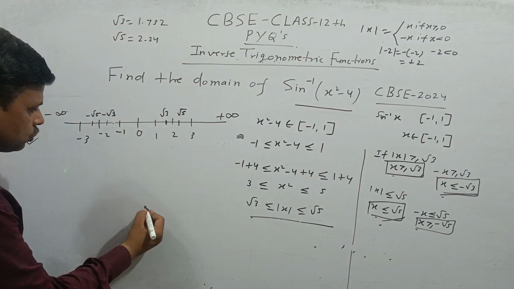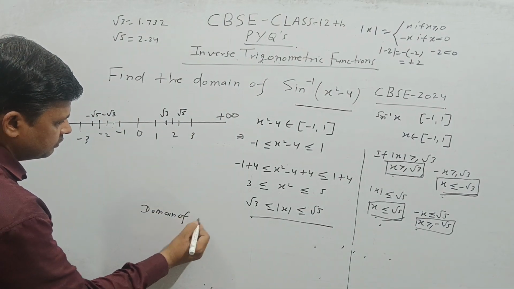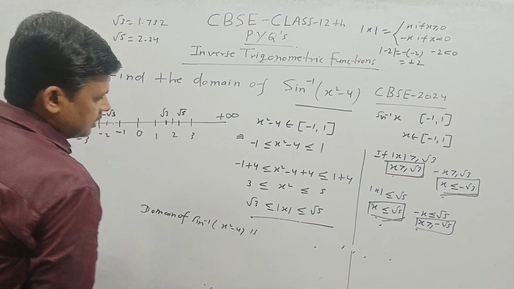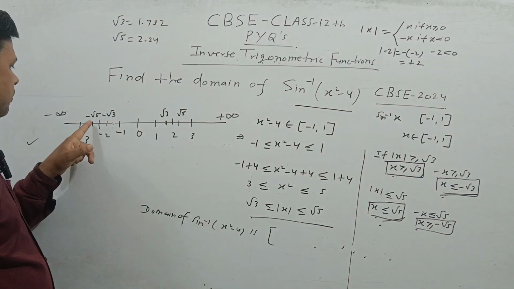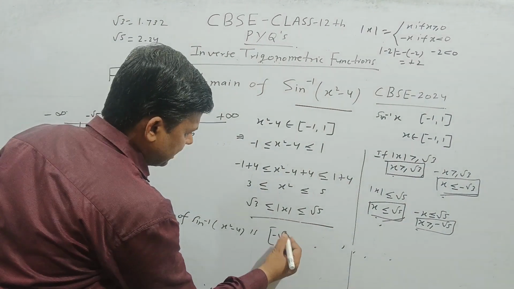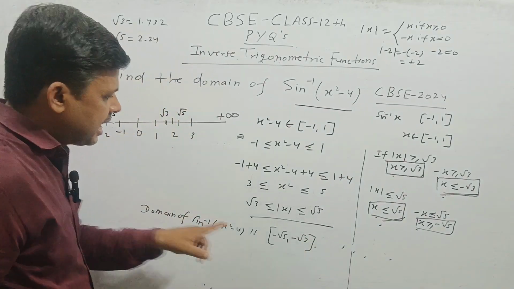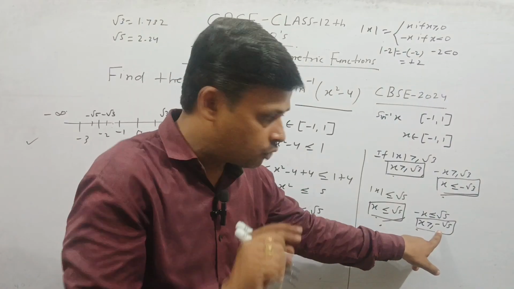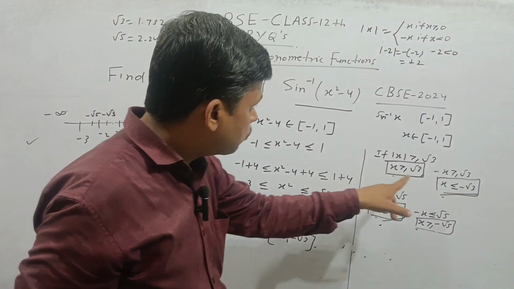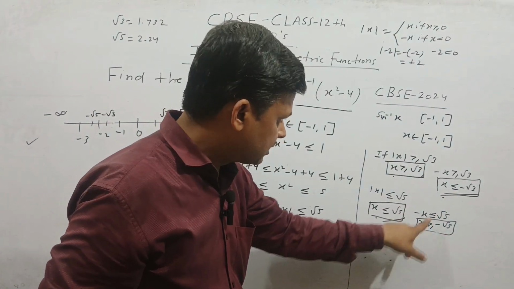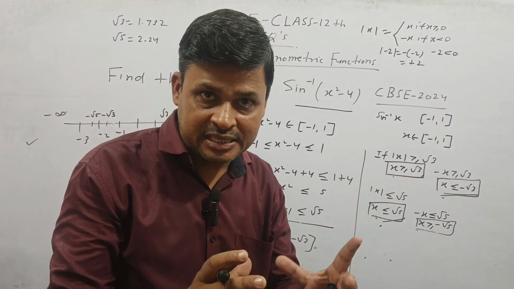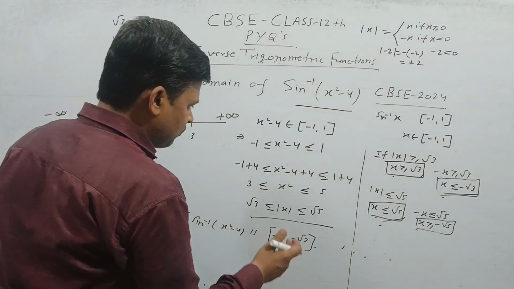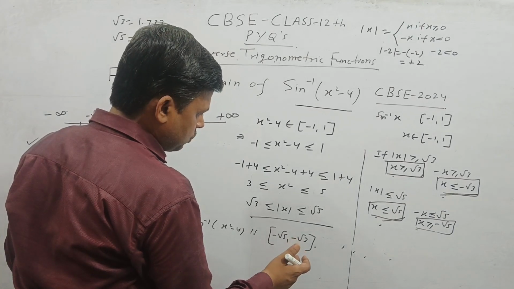The domain of sine inverse of x square minus 4 is the closed interval from minus root 5 to minus root 3, because x is greater or equal to minus root 5 and x is less or equal to minus root 3. We have four results, but we have to use them appropriately according to the real line.